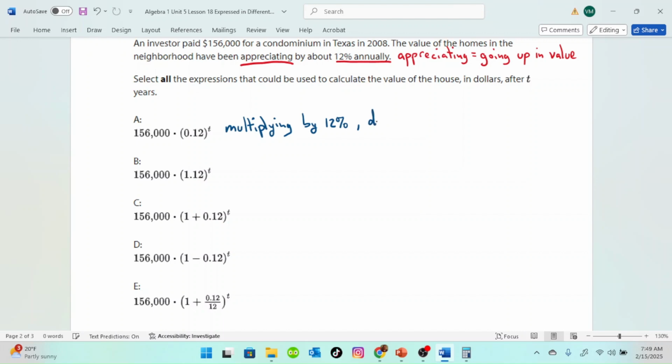That is a decrease of 88% annually. That is not what we're looking for, so A is incorrect.